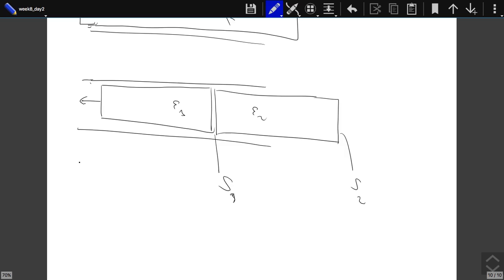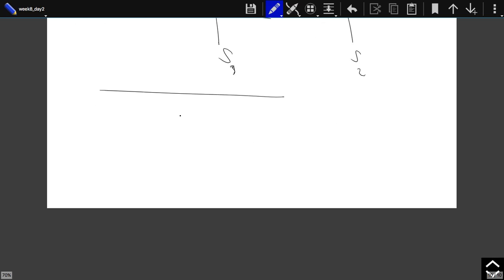You see, at first my claim was this one. If you have some dielectric region, there will be fringing effects.